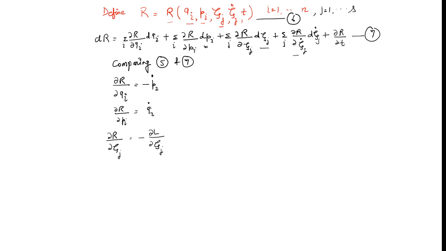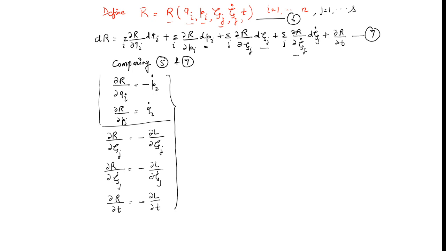For this one, delta R delta zeta j dot is minus delta L delta zeta j dot, and delta R delta t is equal to minus delta L delta t. So these are the relations for R.